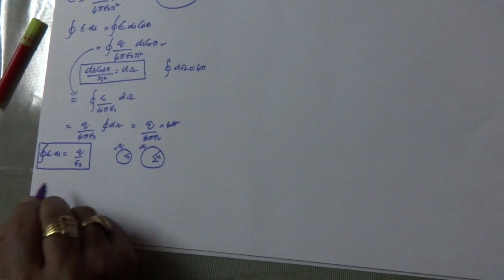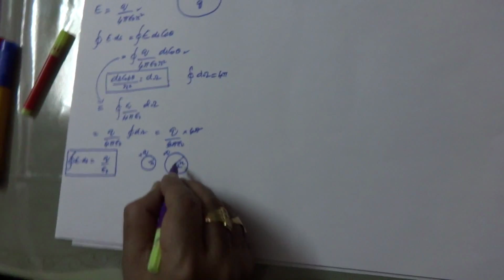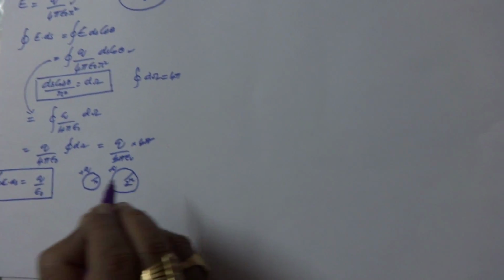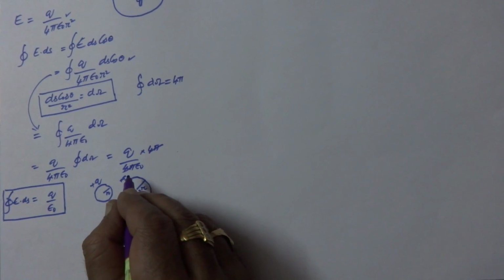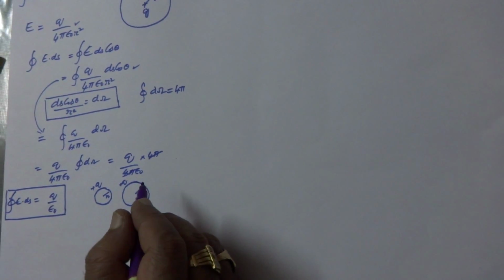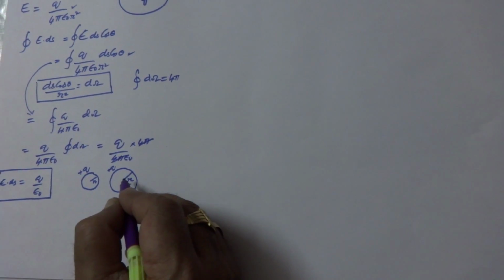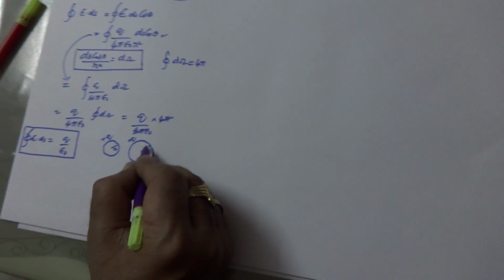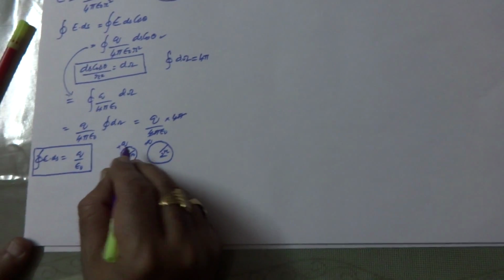So, neither q is changed nor epsilon naught is changed. Therefore, the flux remains unchanged. But the electric field at any point on the surface will be changed because the electric field depends on the radius or the distance. So that could be one of the conceptual questions. So remember that flux remains the same if there is no change in the charge.